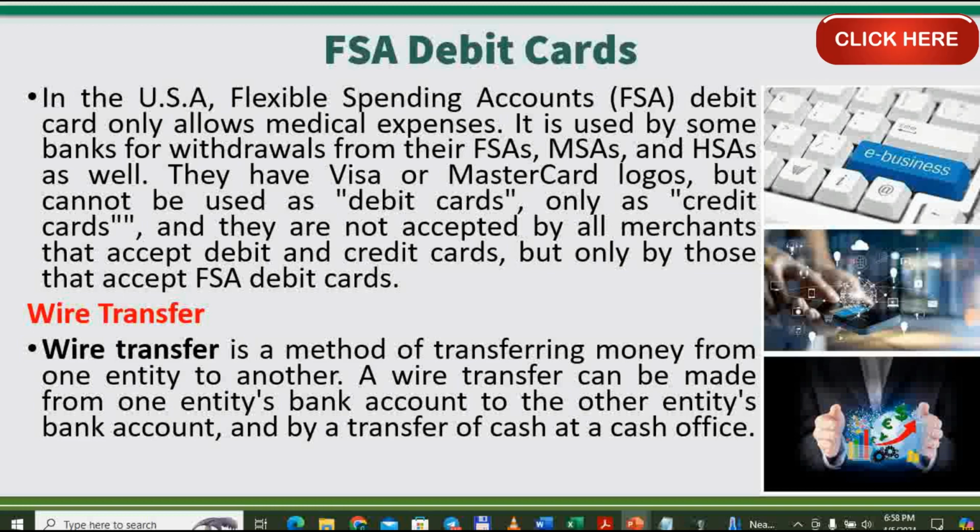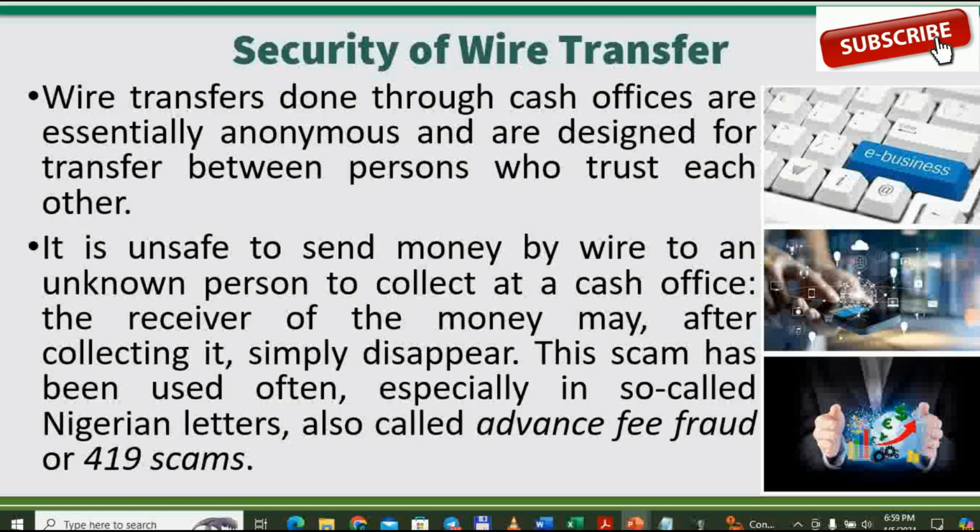Now I'm going to move swiftly to security of wire transfer. Wire transfers done through cash offices are essentially anonymous and are designed for transfer between persons who trust each other. Some of you have seen people transfer money through Western Union and so on.